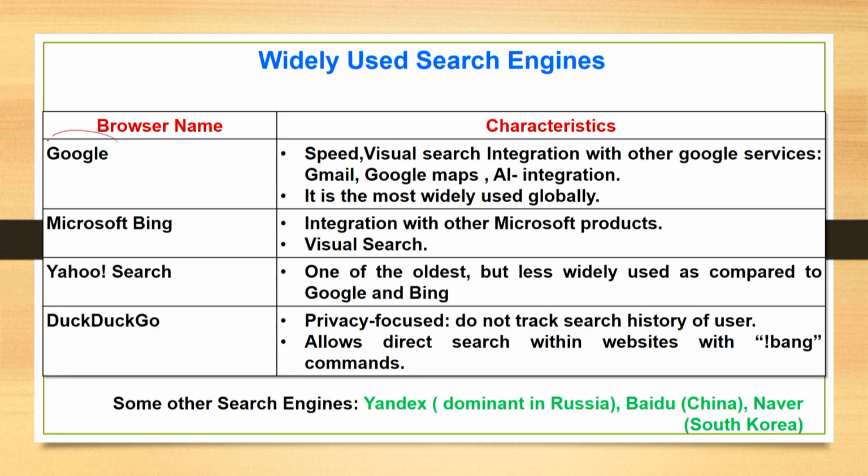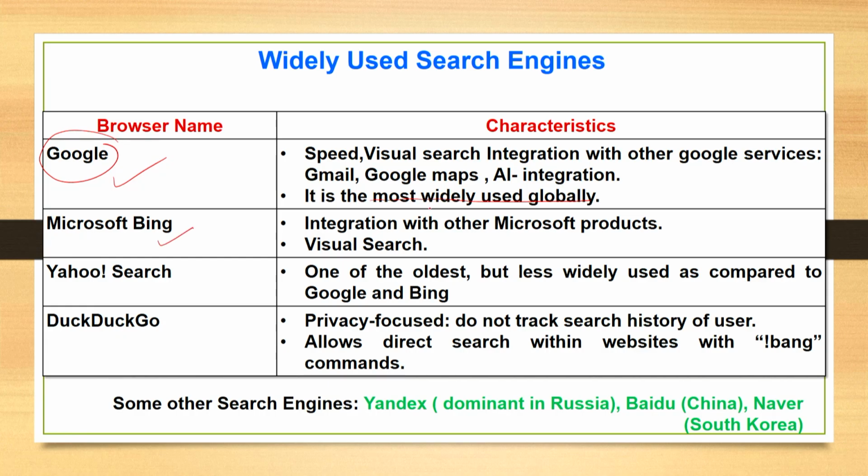First one is Google, which is the most popular. It has good speed, visual search, integration with Google services like Gmail, Google Maps, and AI, that is artificial intelligence integration, and it is the most widely used globally.